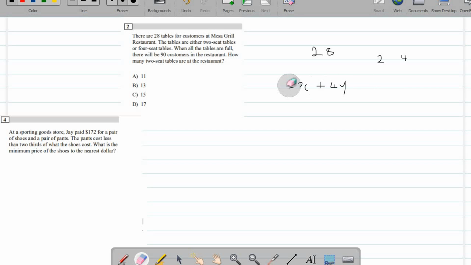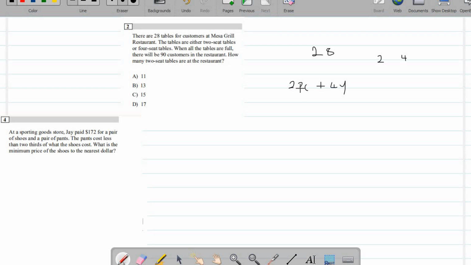Alright, so if we say 2x plus 4y, what are we actually trying to get? We're saying 2 persons can sit at a 2-seater table, multiplied by x, the number of 2-seater tables.